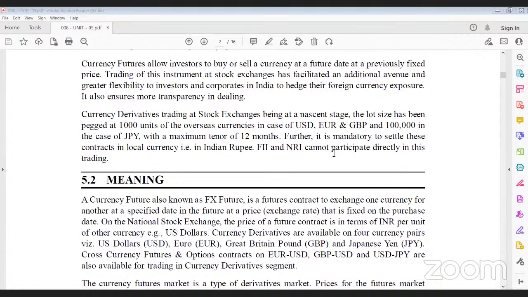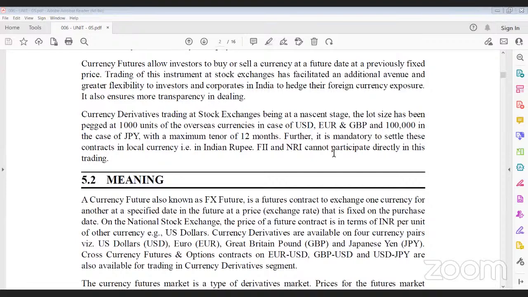Now, stock exchanges have a big size. There are a lot many currencies which have been identified, like USD or GBP and Japanese yen.